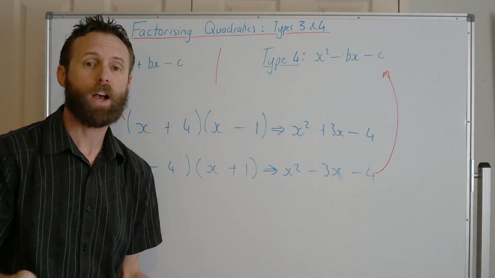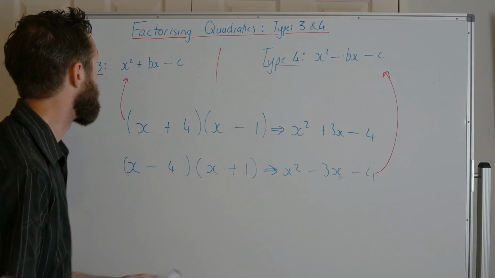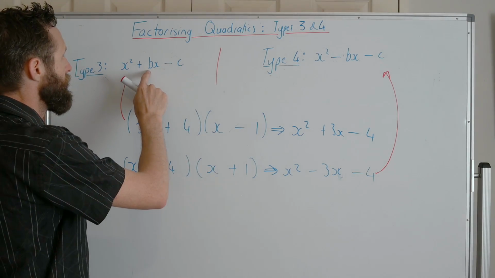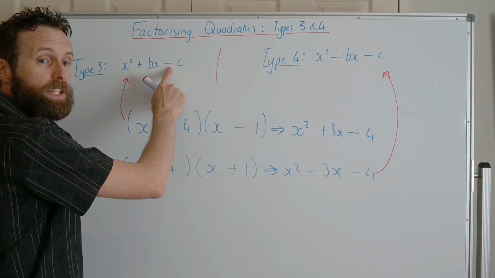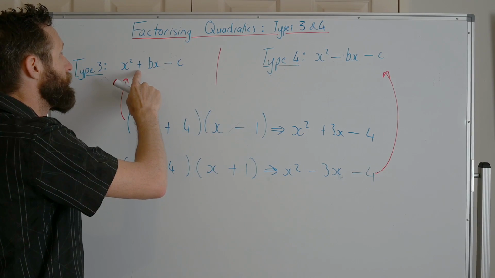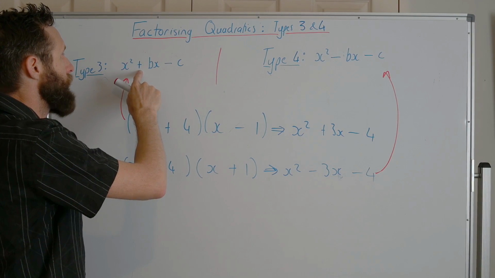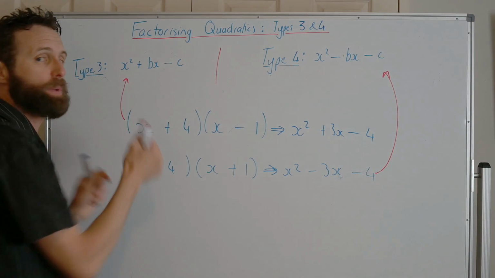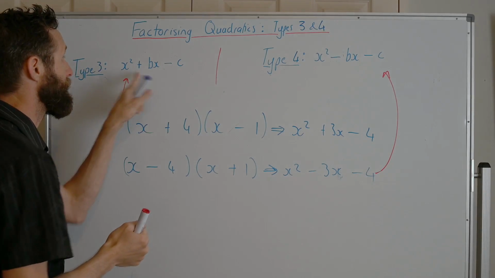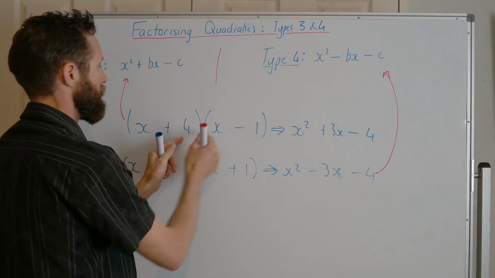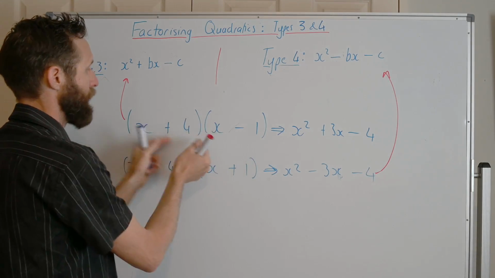Okay, so how do you tell the difference between type 3 and 4? When you've got type 3, you know you've got mixed signs because of this minus here, but you know that out of the two numbers that you have, the positive one is going to be larger because when you add them together you've got to get a positive answer here. So you know you've got minus 1x plus 4x.